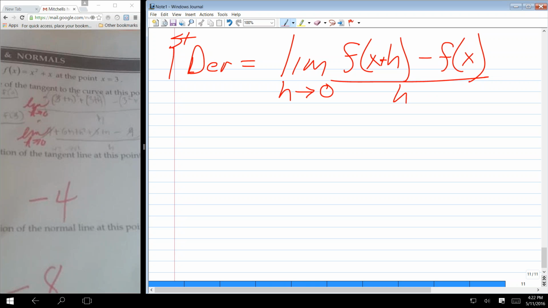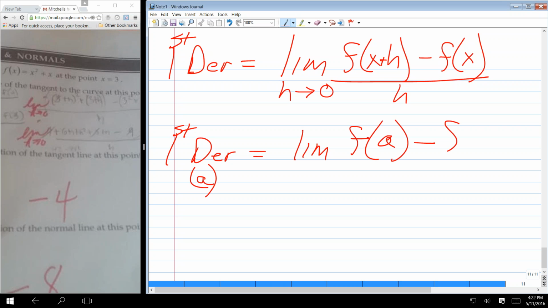Now, there's another first derivative definition that you're getting confused with, I can see by some of the things you've written. If I don't want the derivative function, but I actually want to just know the slope at a point a, then I could say it's equal to the limit of f of a minus f of x, as in the bottom is x minus a, as x approaches a.